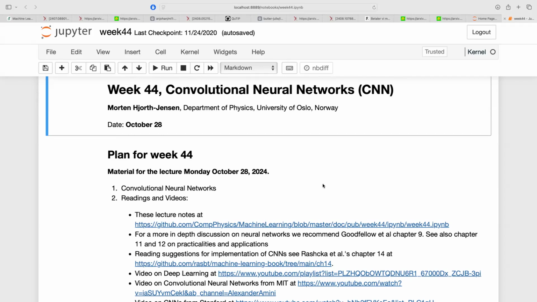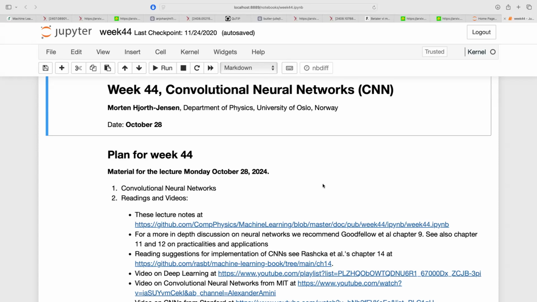Convolutional neural networks are extremely popular when it comes to images and recognizing images. This is one of the fields which really kicked off these kinds of deep learning methods. Image recognition is perhaps one of the most successful applications of deep learning methods.